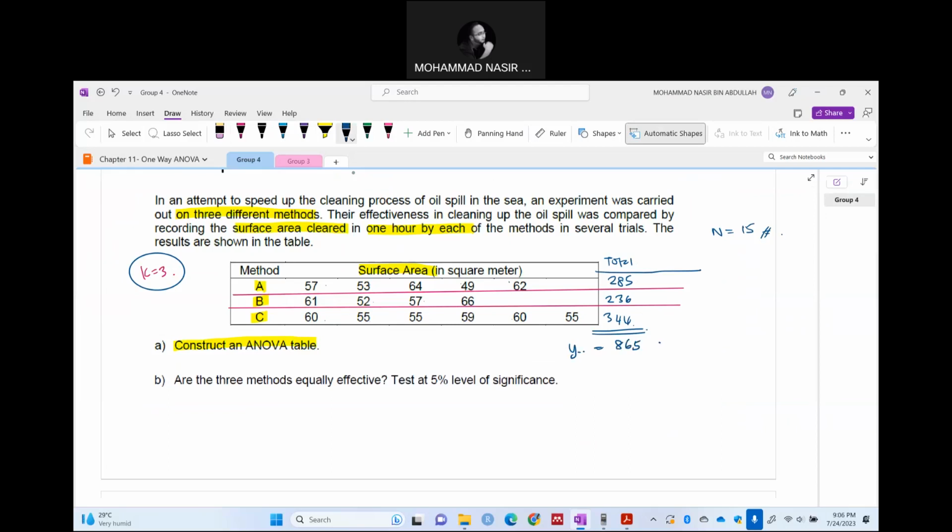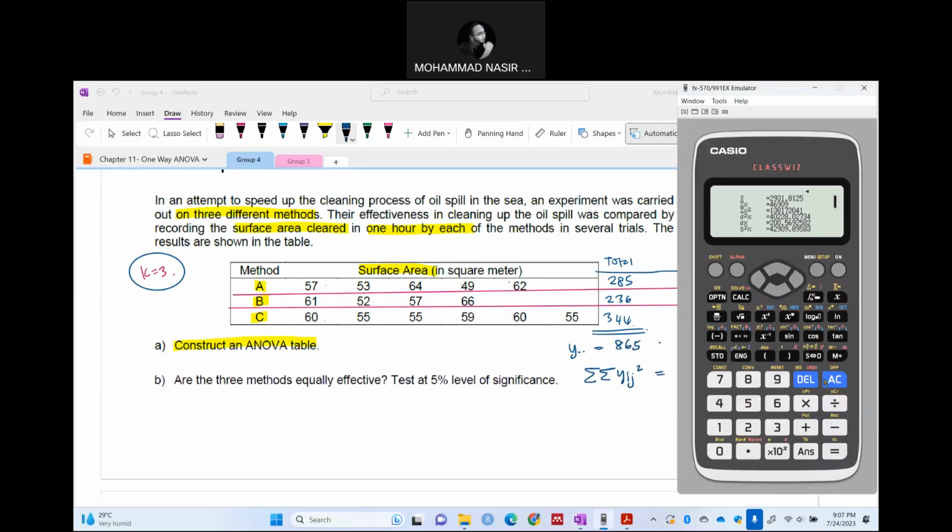And then we need to find the summation of Yij square. Summation of Yij square, we just plug into the calculator.